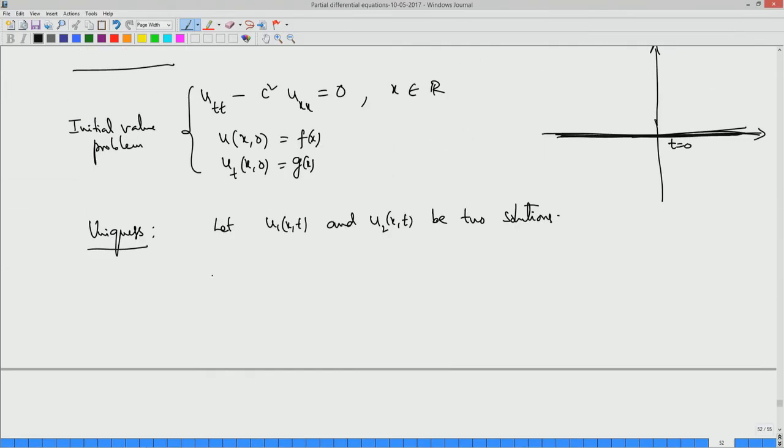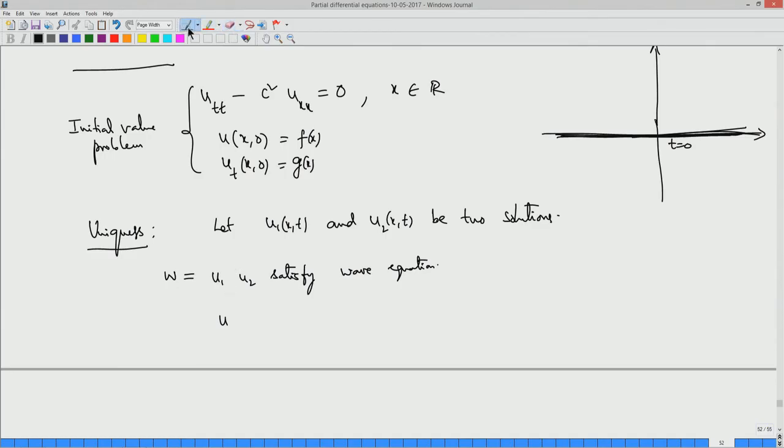So u1 and u2 satisfy the wave equation. And what happens to the initial data? u1 satisfies that, and let us call w equal to u1 minus u2.